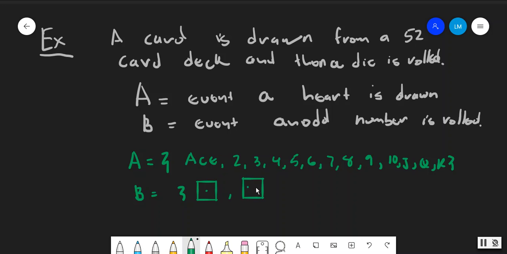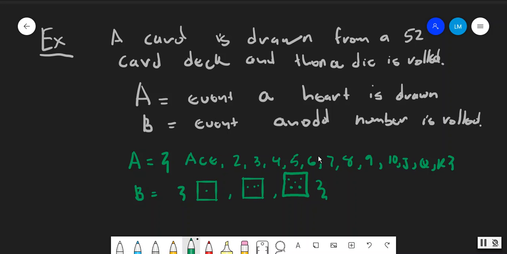If we say 1, 3, and 5, it's understood that we don't mean the values on there. So this is 1, 2, 3, 4, and 5. These are basically just the outcomes that occur.